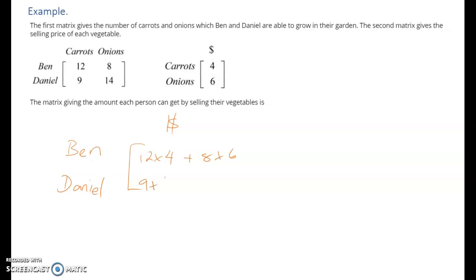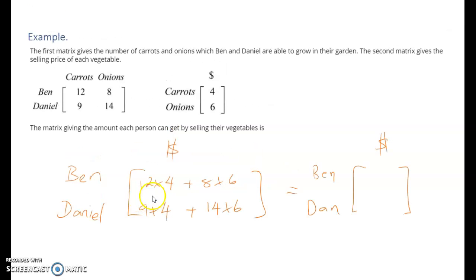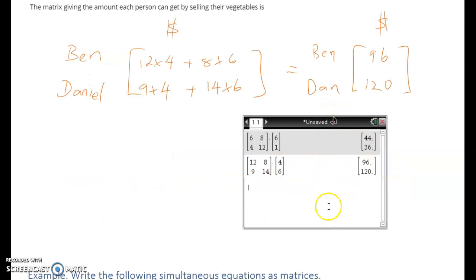Daniel has 9 times 4 plus 14 times the 6 onions, which gives 48 plus 48 is 96, and 36 plus 84 is 120. And of course you can do it on your CAS, and I've added what it should look like on the CAS there.